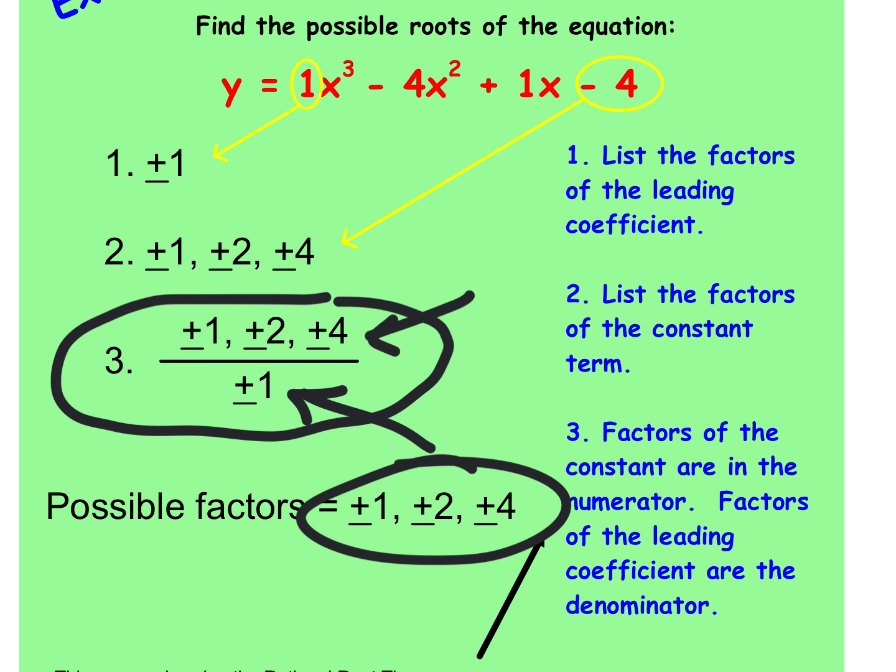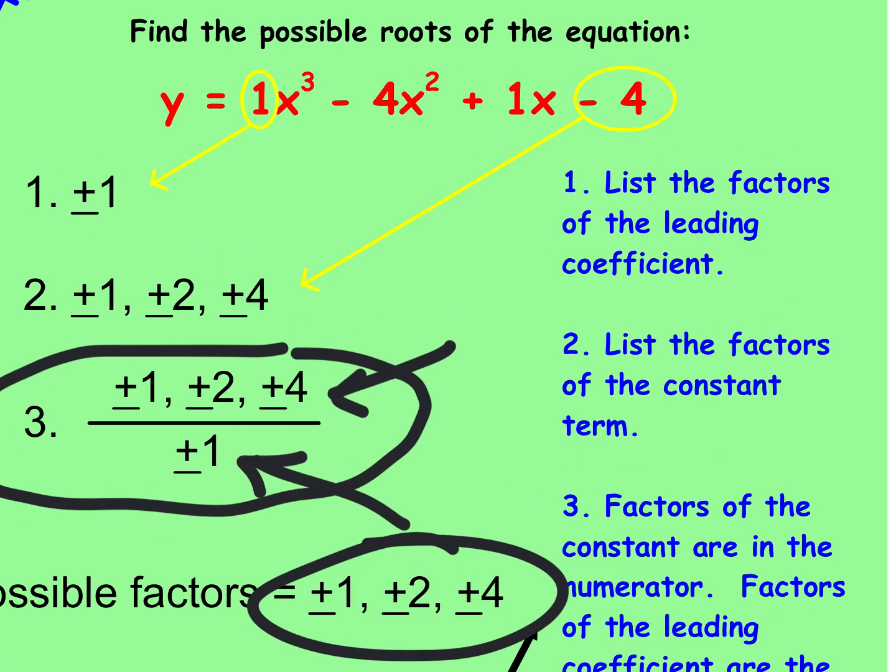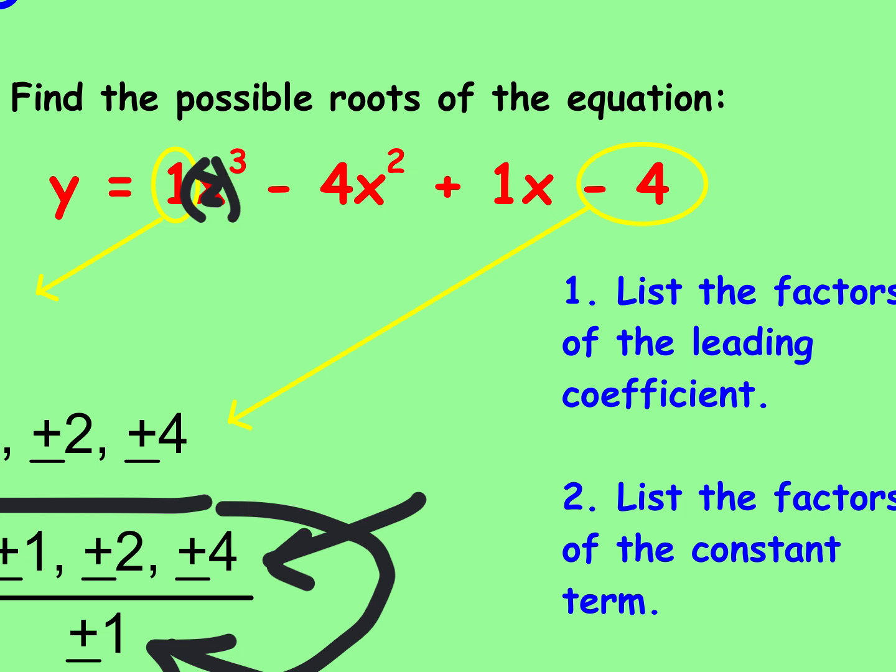If I wanted to make sure these actually worked as a factor, like I think 2 works, my theory is I did long division with synthetic, and I think 2 works. What do you get if I stick 2 in? What's it supposed to make the equation equal? 0. Do you see how you could just do that? You could just stick in a 2 and see if it actually equals 0 or not. It's kind of a pain, but you could do it. 2 to the third is 8. 2 squared is 4 times 4 is 16.